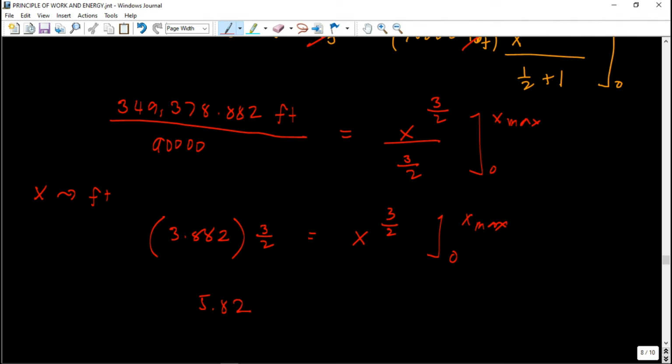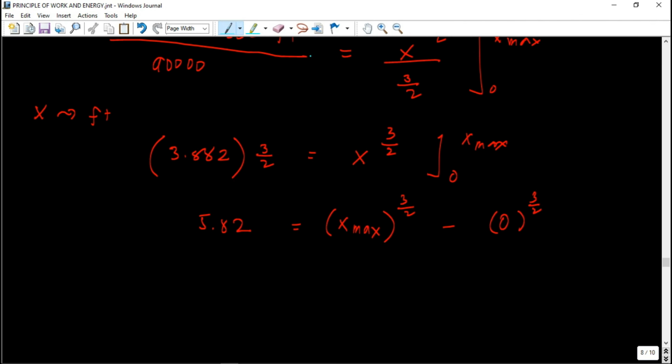Okay? So we have here 5.82 is equal to, so ito, apply lang natin yung limit. So upper limit minus lower limit. So x max, okay, raised to 3 halves. So minus lower limit, so 0 raised to 3 halves. So we have here x max raised to 3 halves and we have here 5.82.